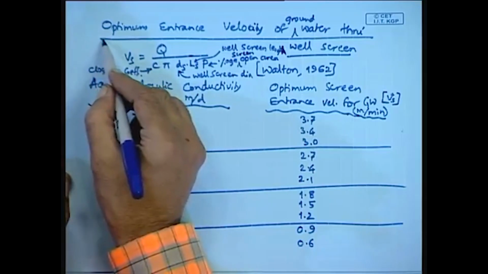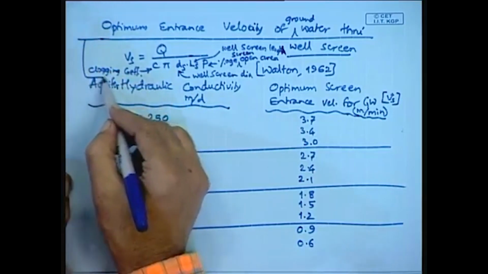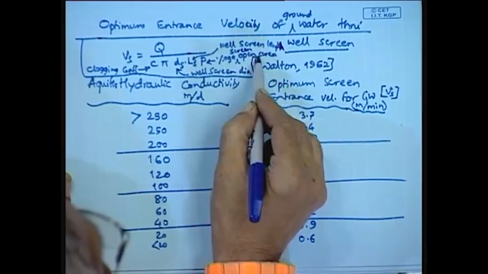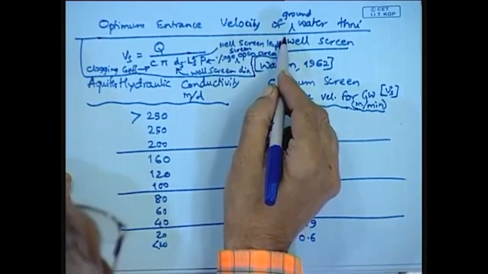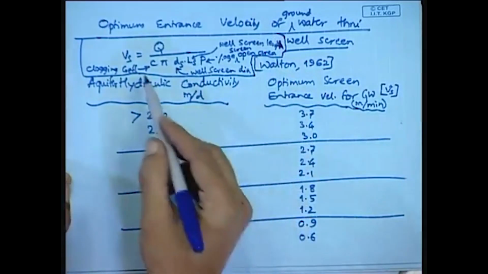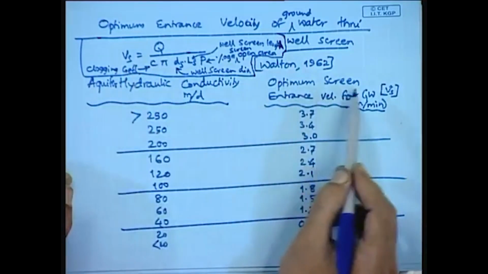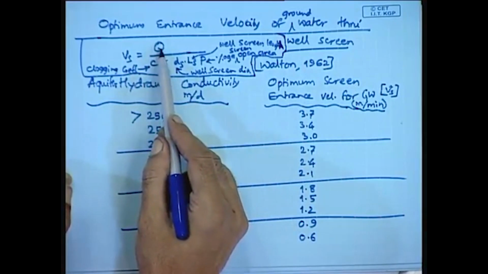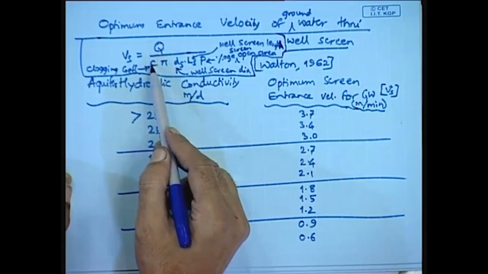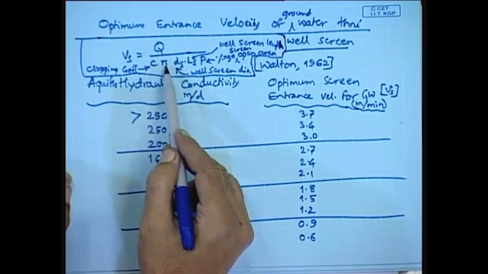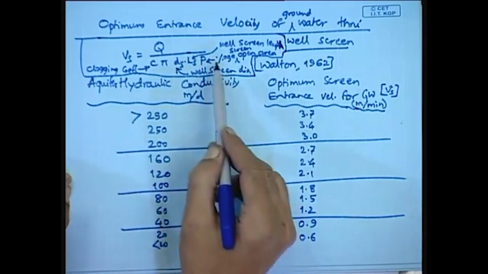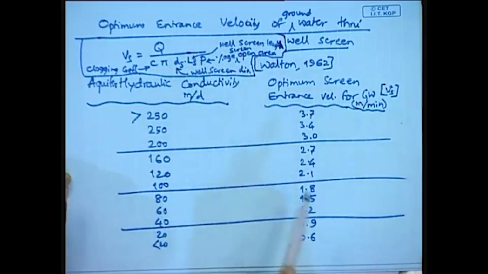So basically this is the formula. Based on this, the optimum screen entrance velocity is expressed as Q, the well discharge, divided by C, the clogging coefficient, multiplied by pi, multiplied by ds Ls into P, where P is the percentage screen open area.